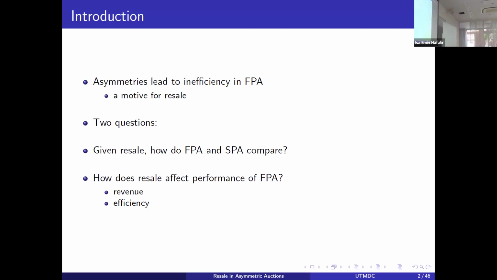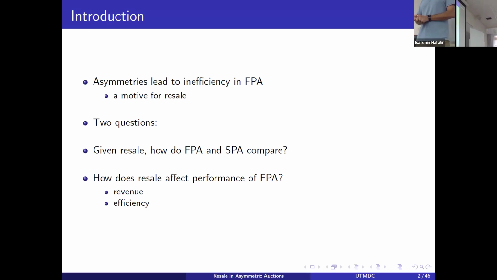All right. So first of all, asymmetries, as we have seen in Monday's class, and we will also repeat here, result in inefficiencies, which has been known since basically Vickrey. And when there is inefficiency, there is a motive for resale. Also, practically, it is very difficult to ban resale.